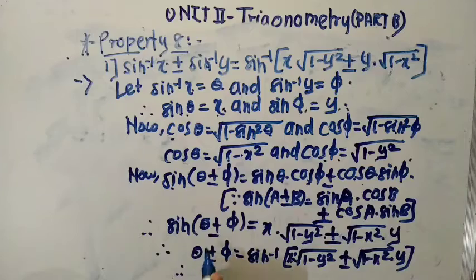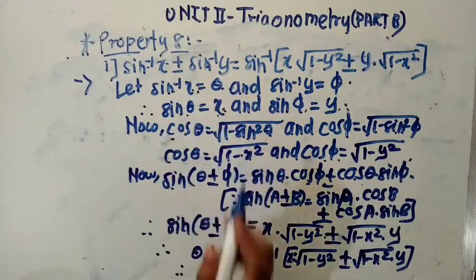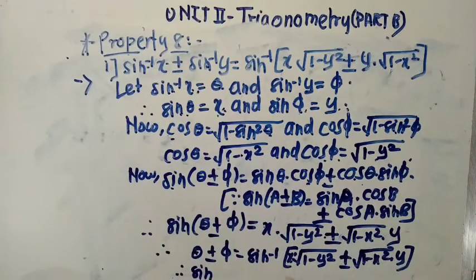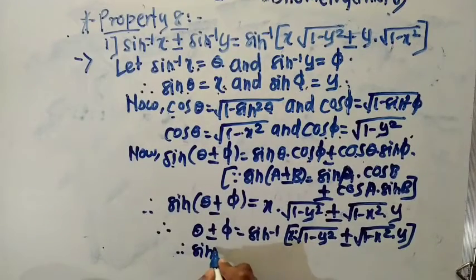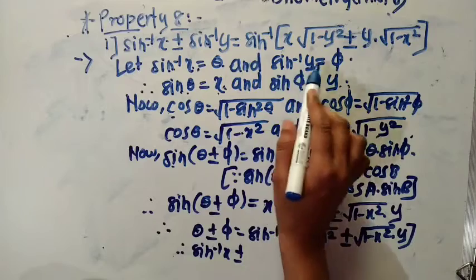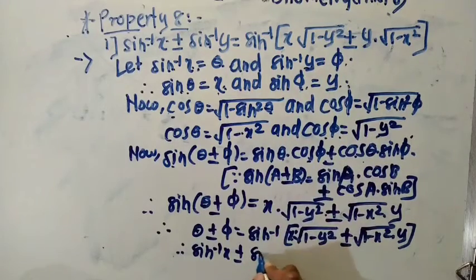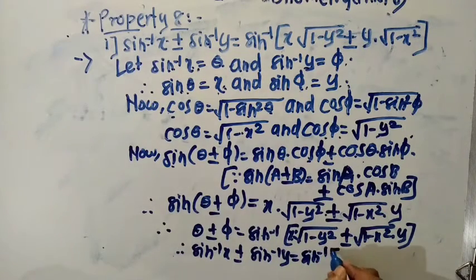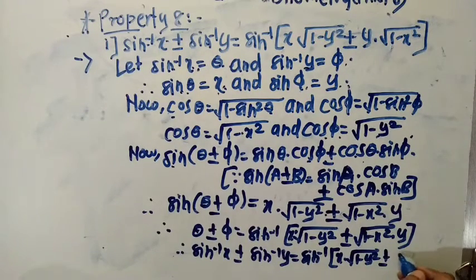Hence, theta is equal to sine inverse of x and phi is equal to sine inverse of y, so sine inverse of x plus or minus sine inverse of y is equal to sine inverse of x into root 1 minus y square plus or minus root 1 minus x square into y.